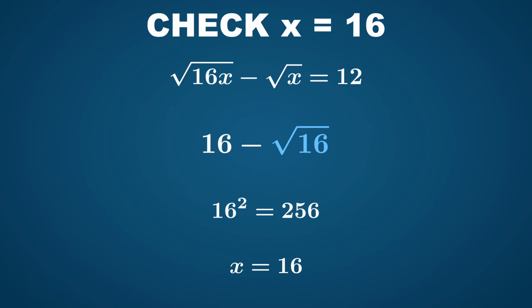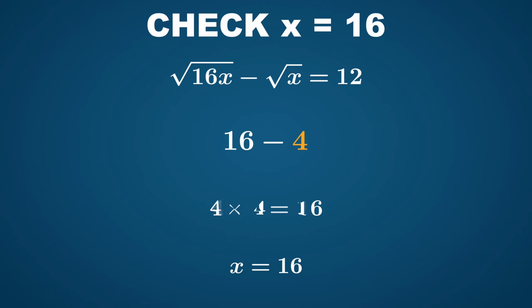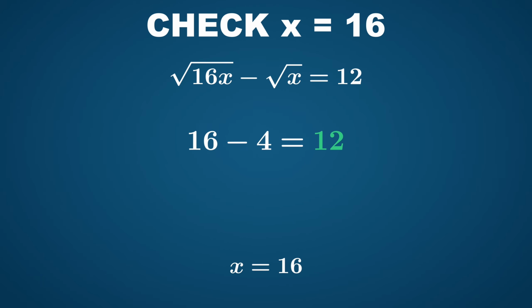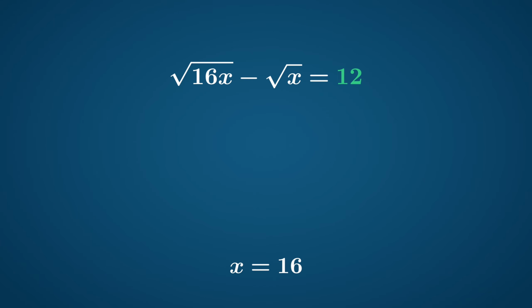Under the second radical, we simply have 16 itself. The square root of 16 is 4, because 4 times 4 is 16, so the left side becomes 16 minus 4, which equals 12. The right side of the original equation is also 12. Both sides land on 12, so the equation balances perfectly. The value x equals 16 satisfies the equation exactly.